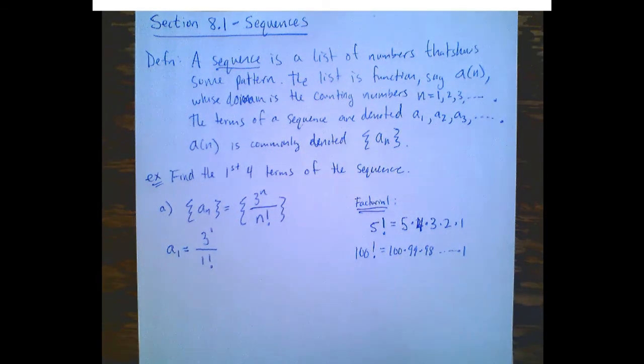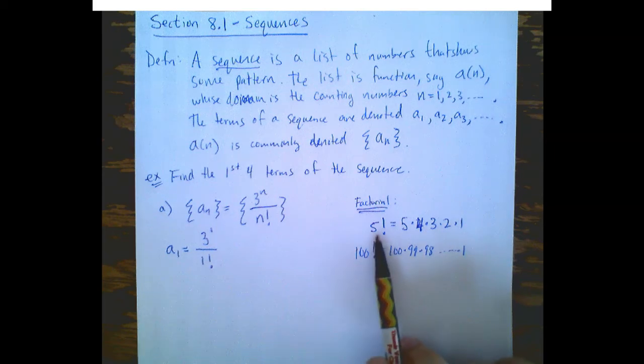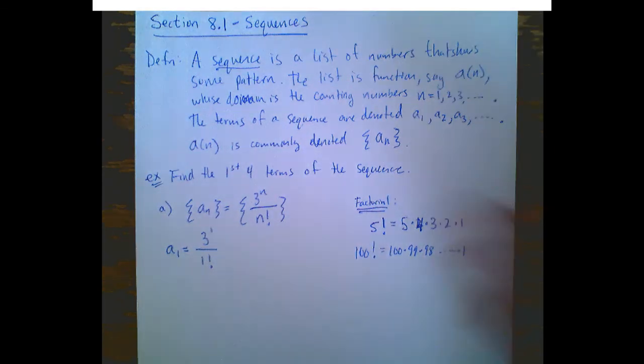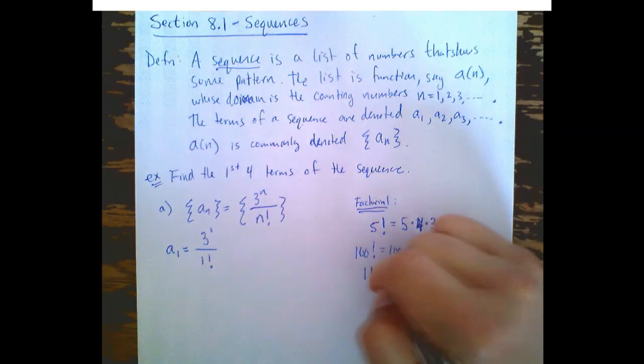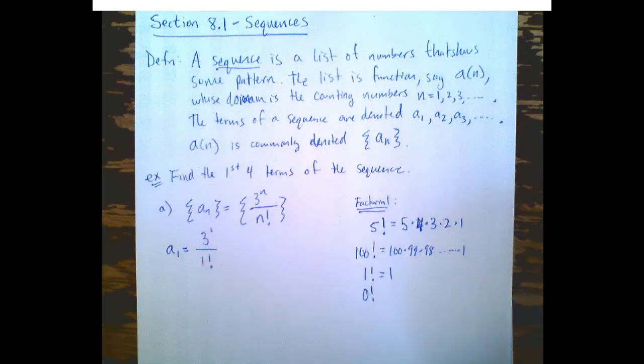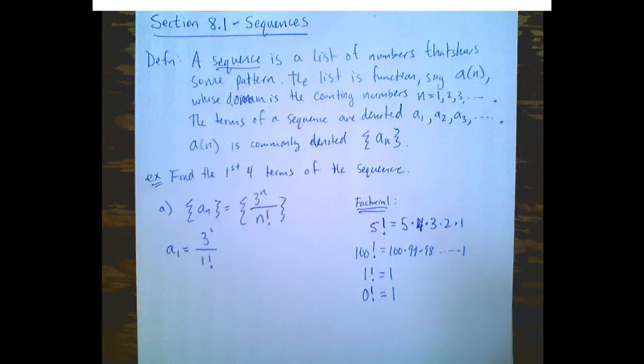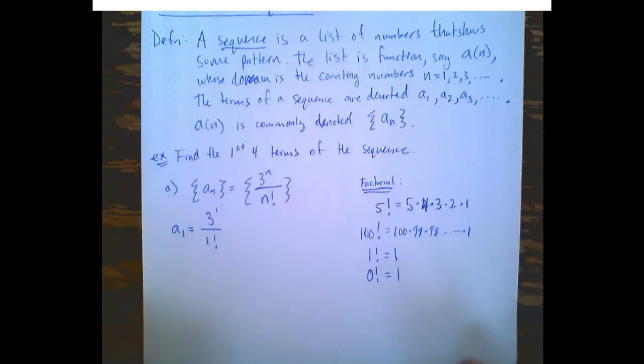So you can see factorials are pretty large numbers, especially as the value of n gets larger and larger. Note that 1 factorial is just 1, and 0 factorial, which we may run into at some point, is equal to 1 as well. It's defined to be 1. So let's calculate this.